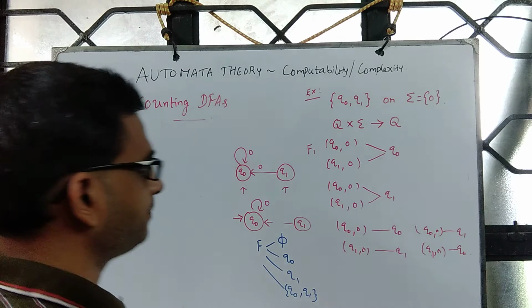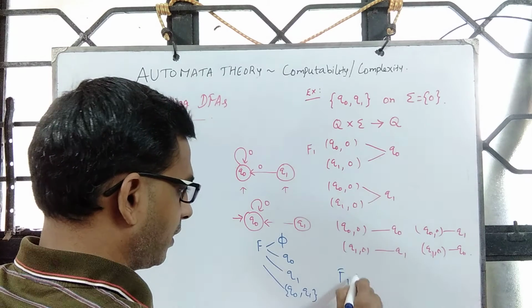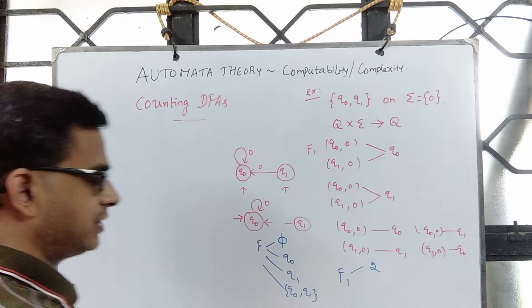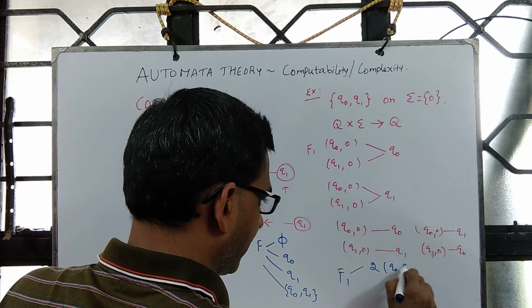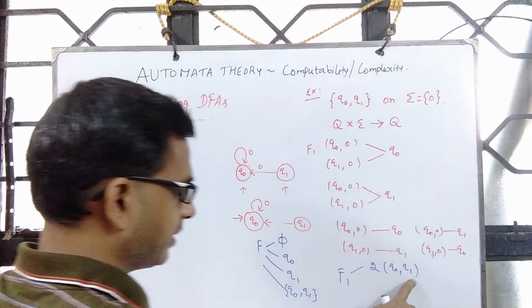So the function f1 itself gives you two automatons, one for each start state, q0 and q1.